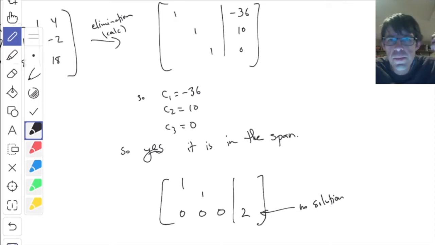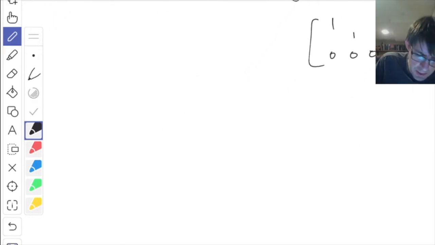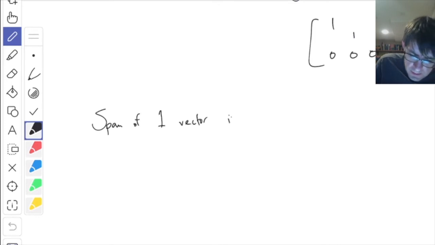Okay, I hope there is some kind of geometric interpretation of what the span means. The span is taking all possible combinations of a set of vectors. So generally speaking, the span of one vector is geometrically a line, right?